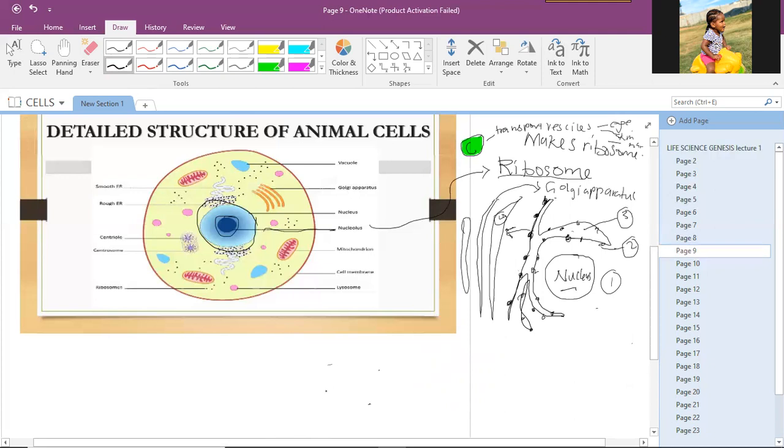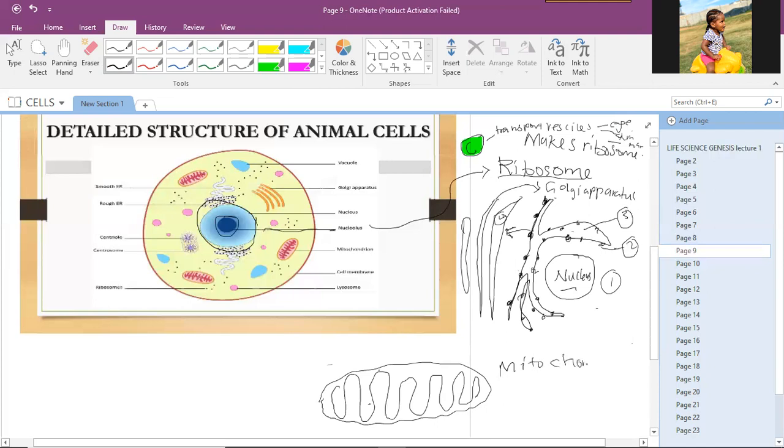So where does the energy come from? The energy to perform all these cellular functions comes from a structure known as the mitochondrion. Mitochondria is the plural. So mitochondrion is one, mitochondria is many.